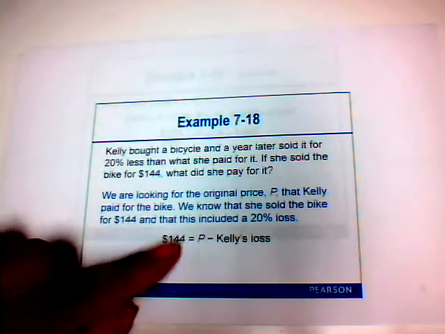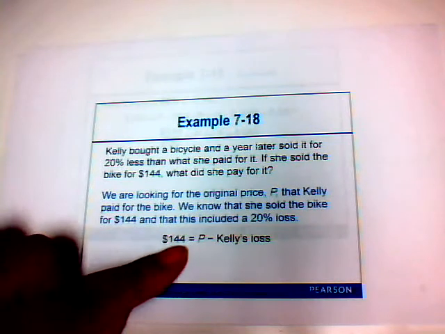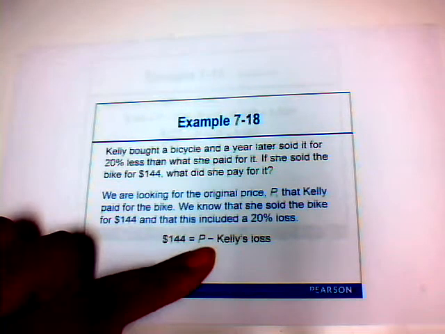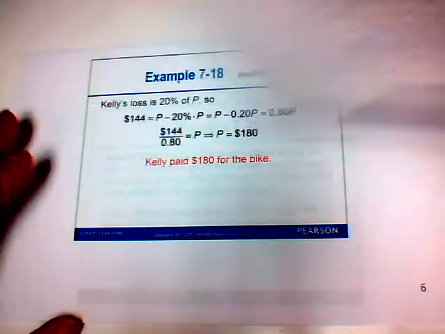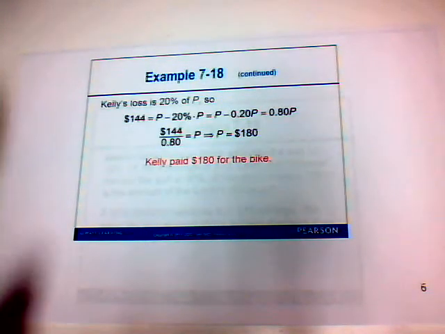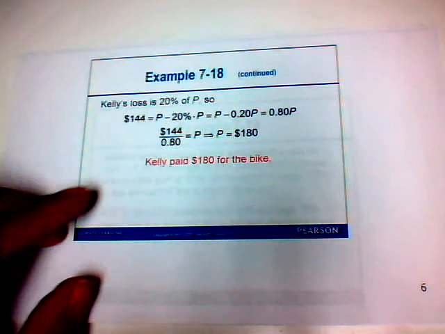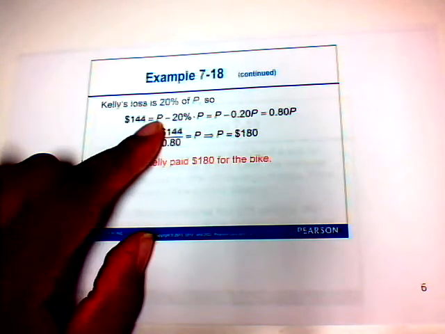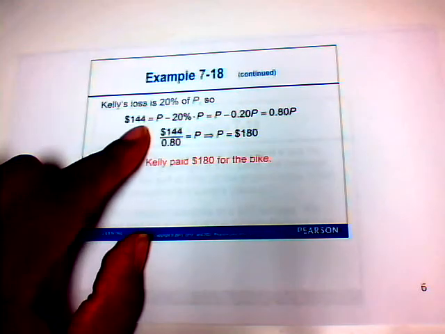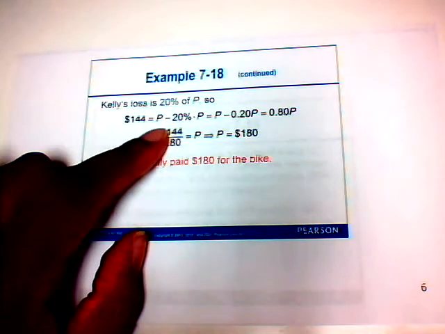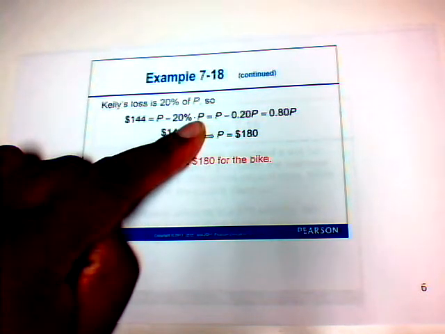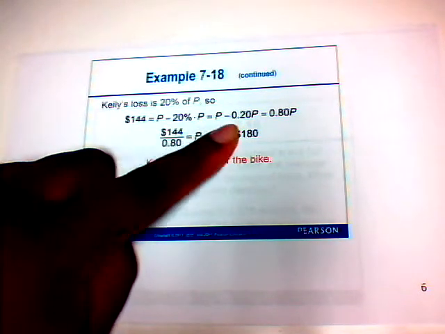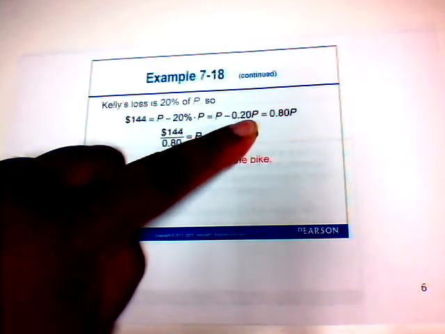So the expression would be this: $144 will be equal to the original price minus Kelly's loss. And Kelly's loss is 20% of the original price, so it will look like this. $144 is equal to P minus 20% of P, or P minus 0.20P.